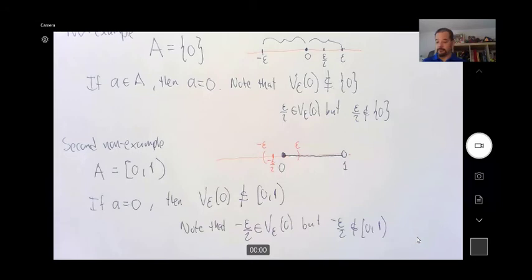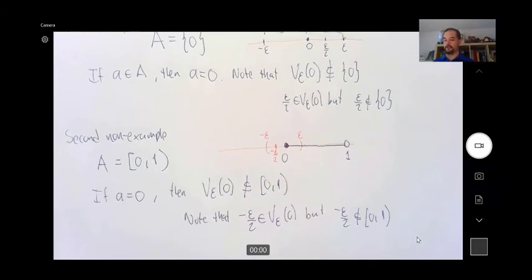Because to be open, that property should work for every point. If it fails for one point, then it's not open. Okay, that's important, the way the quantifiers are set. So for something to be open, every point needs to have a neighborhood. For every point, there should exist a neighborhood around the point that fits inside the larger set. Okay, questions so far?